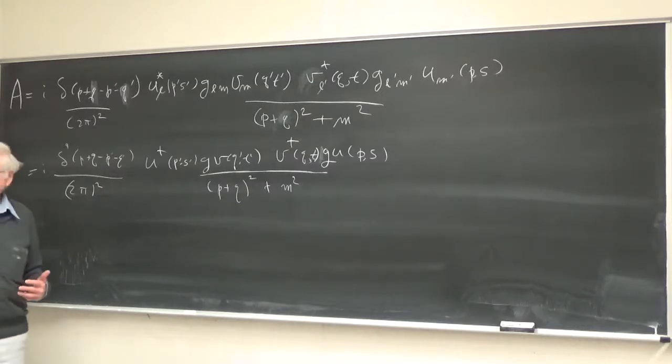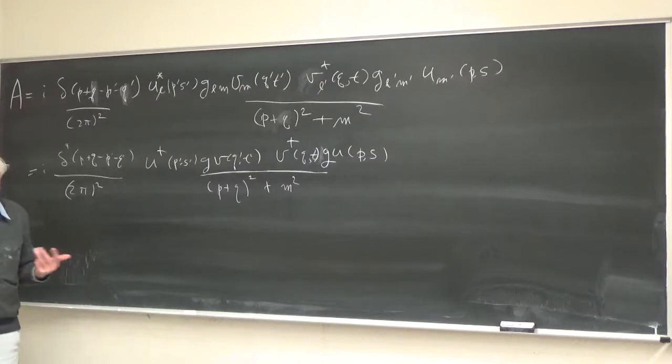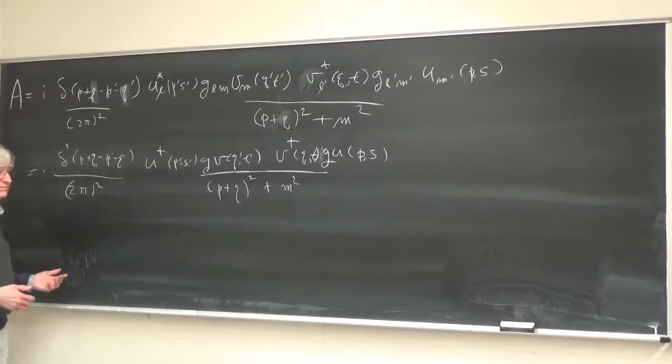Here there's only one diagram. If you have fermion-antifermion going to fermion-antifermion, for this type of interaction there's only one diagram. But in general there are two or three diagrams. You have to add the amplitudes together. That's the way quantum mechanics is, of course.